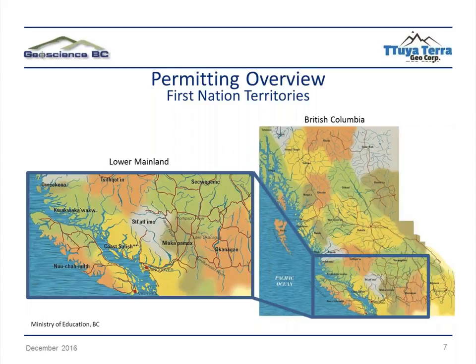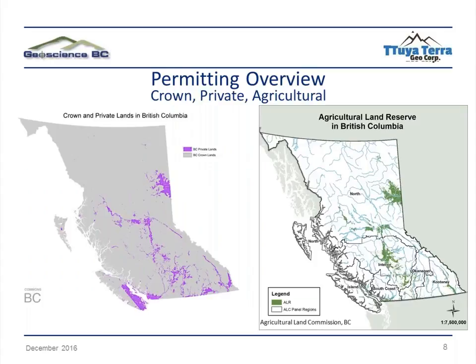They're fuzzy essentially, and that really shows you that there is overlap between the asserted territories of the First Nations that inhabit the land. We've got a couple of maps here representing what's Crown and private land and what regions are within the agricultural land reserve.